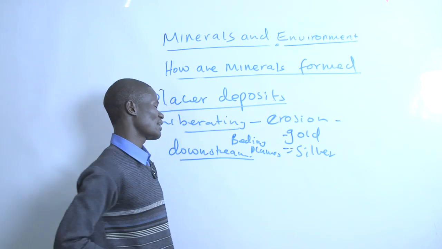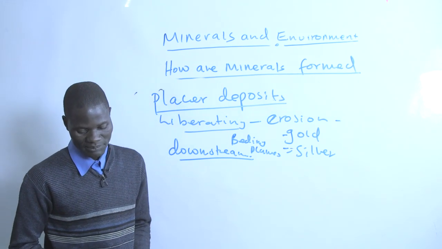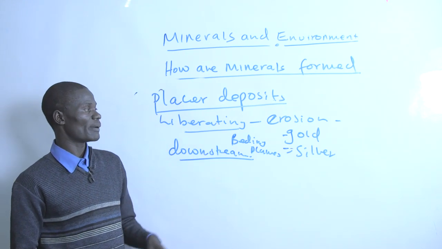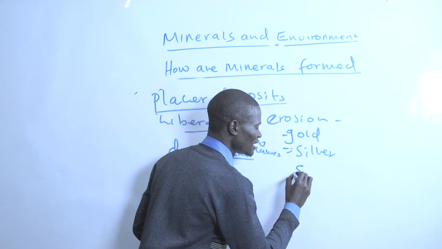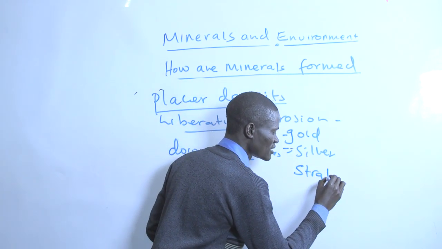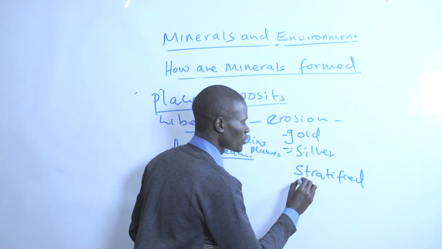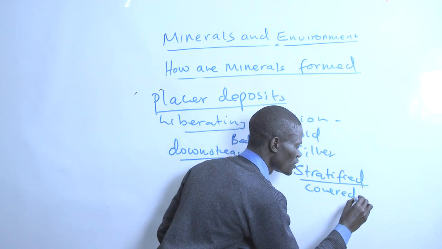They can also be carried down the stream, and they can be deposited or placed, especially in the sharper bends, where they can be stratified or covered by other deposits.